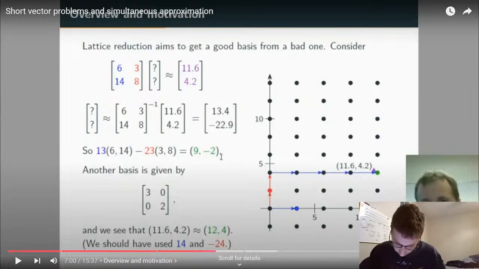So here we have 0, 6. So we should almost take 1/2 here. Does that work? Oh wait, whoops, sorry. It should be 1, not 1/2. So we have 2, 1. This is right. Yep, that's right.